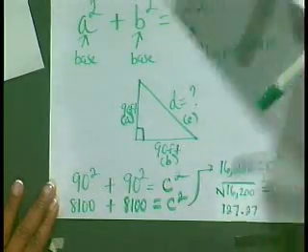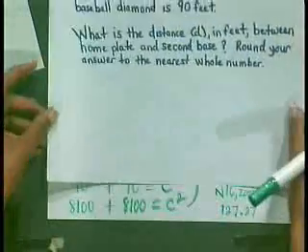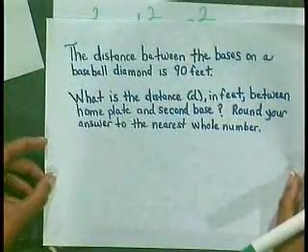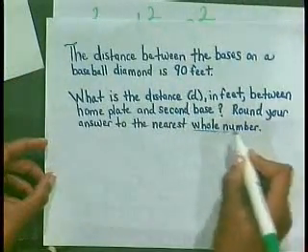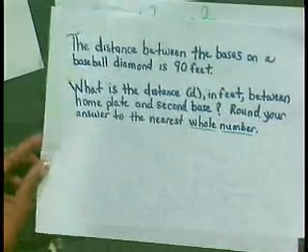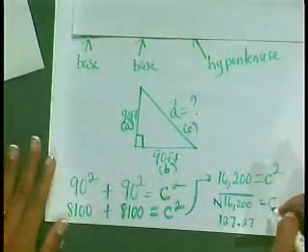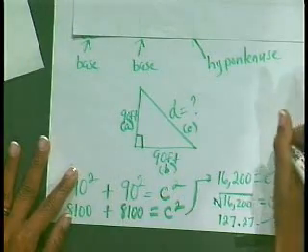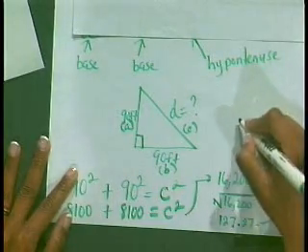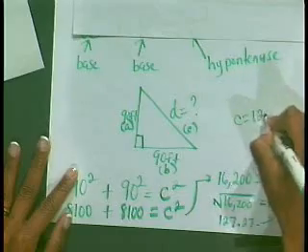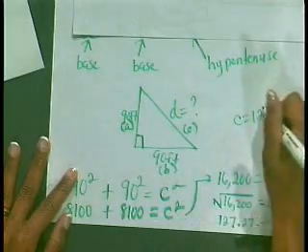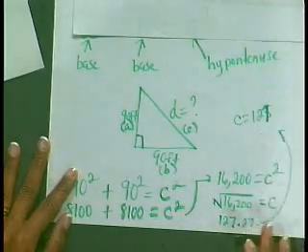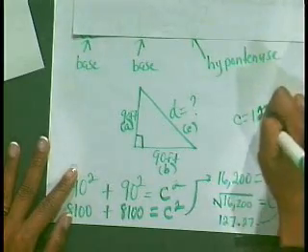Okay, but again, if we go back to our problem, it asks us to round your answer to the nearest whole number. So our nearest whole number will be 127. Okay? So we're going to run out of space here. So I'm going to put up here. So C will be equal to 127. Not 25, 27. C equals 127.